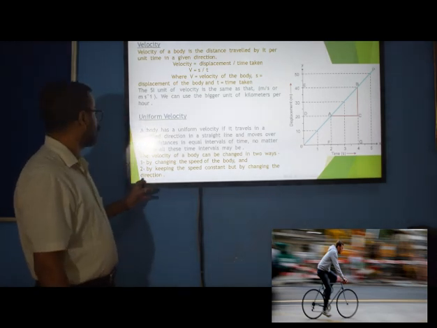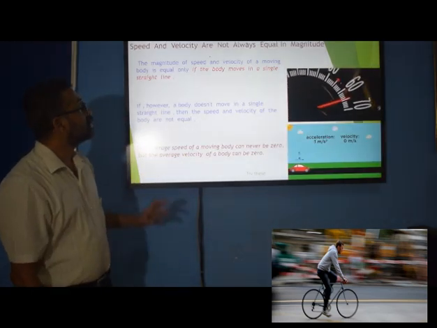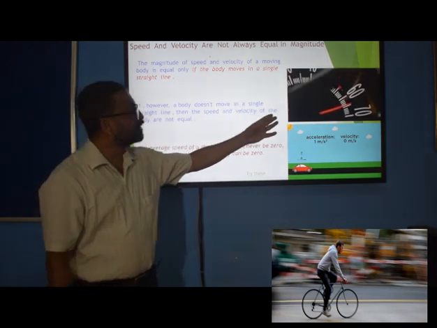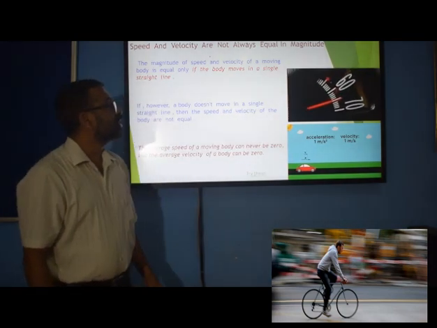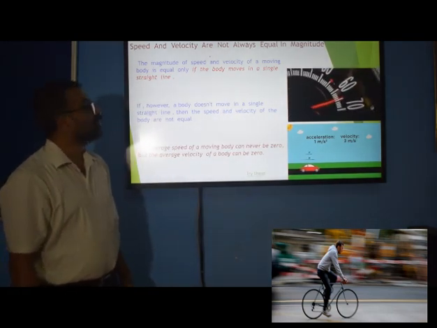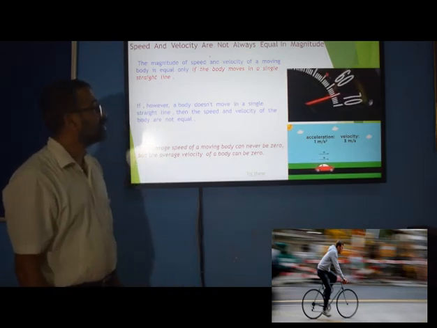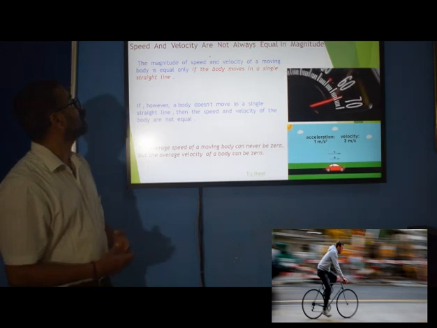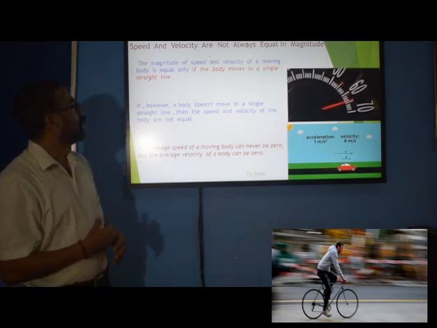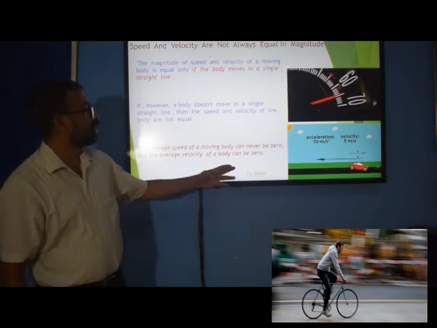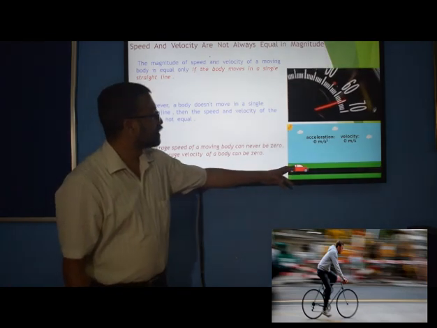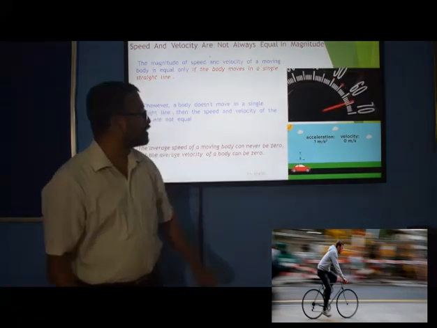Now you see this accelerator. In every vehicle there is a device called the accelerator. Now see, it is between 60 and 70. At 65 it is held steady at 65. That means it is going with uniform velocity. Then here again it is increasing at a constant rate as well as decreasing at a constant rate.